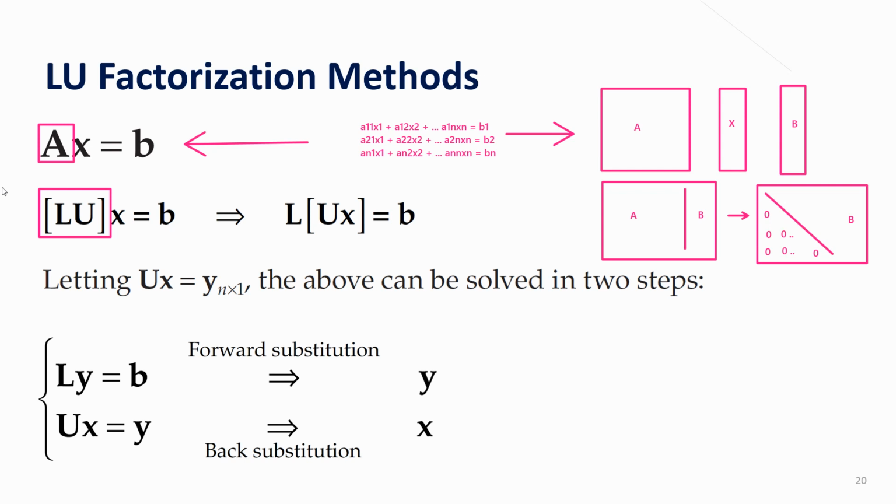So basically, instead of just transforming one matrix, matrix A, into the upper part, now you work on two matrices, L and U.